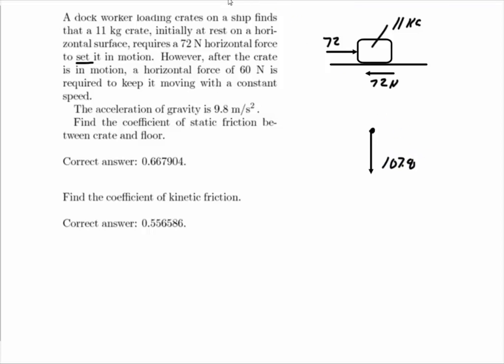My normal force would have to go back up. That would be 107.8 newtons. Here, put the units on here. Our frictional force, again, 72 going this way. Oops, make that picture better. And we're pushing 72 here.